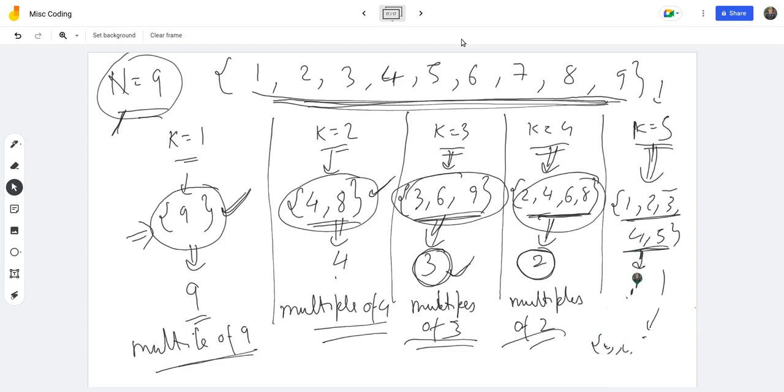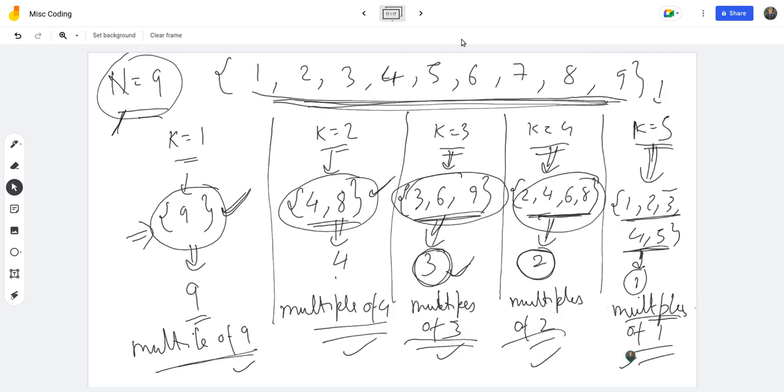And here in this case for k equals 5, we need multiples of 1, which is 1, 2, 3, 4 and 5. So the thing is simple, right? Here we need multiple of 9, multiple of 4, multiple of 3, 2 and 1.